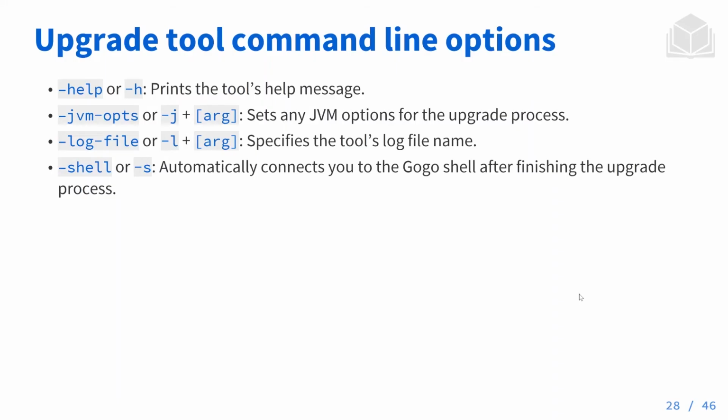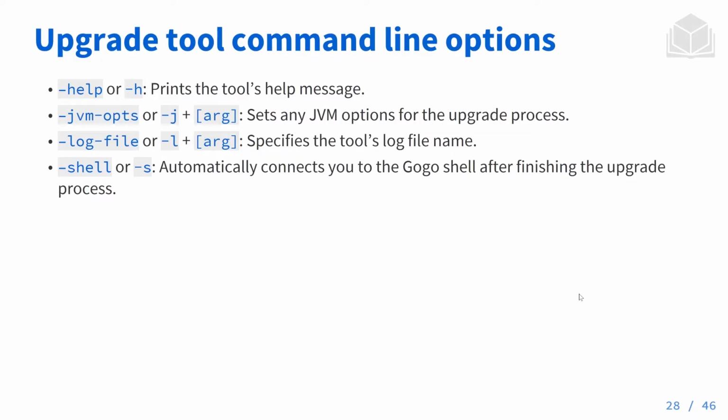A couple of other commands can help us out. It doesn't hurt to ask for help. -help is there for you. -j, JVM opts, allows us to set some JVM options. In the previous example, we just used -j. -l, or --log-file, specifies the tool's log file name, so where you're outputting the logs to, what's that file.